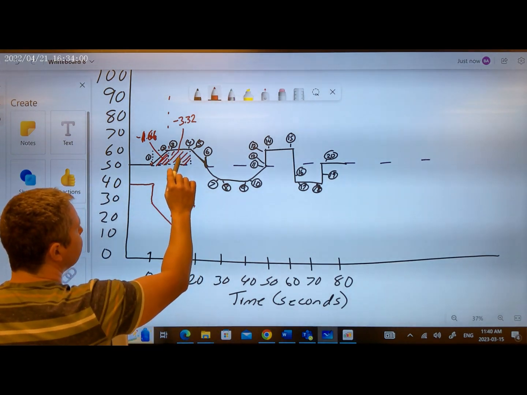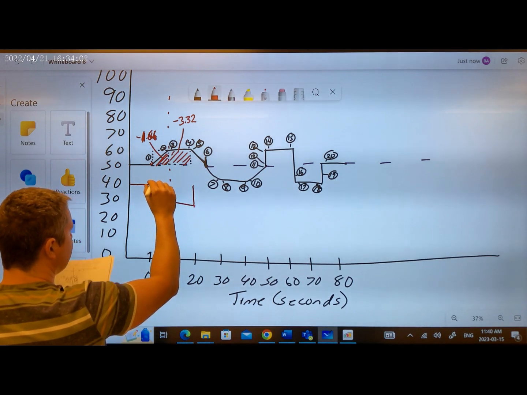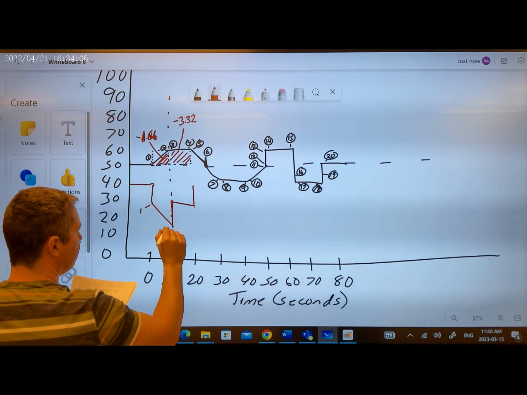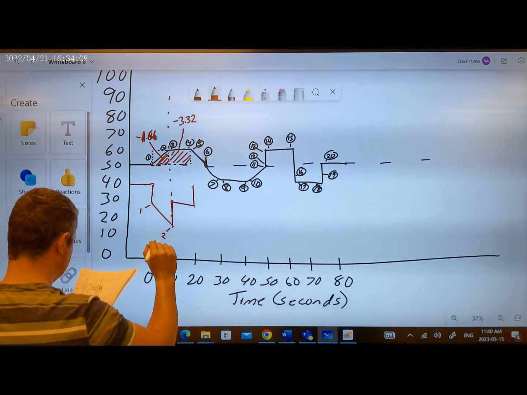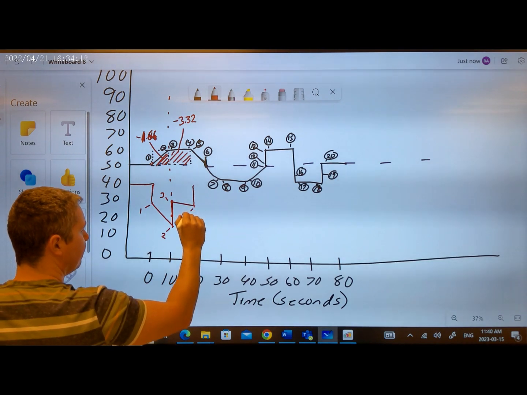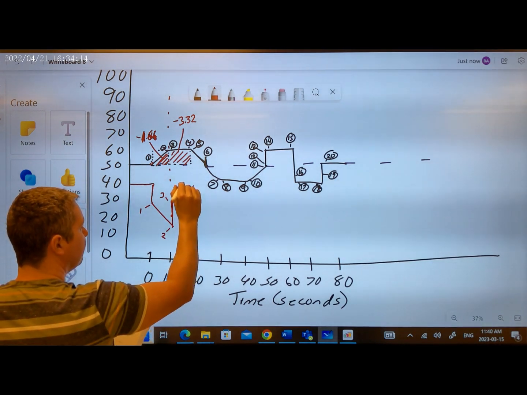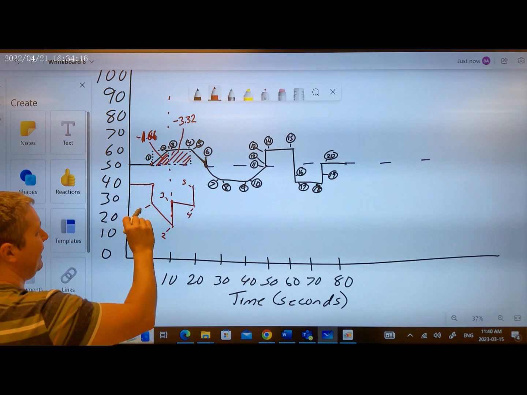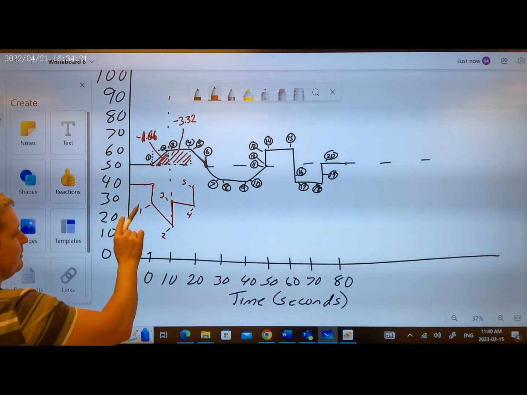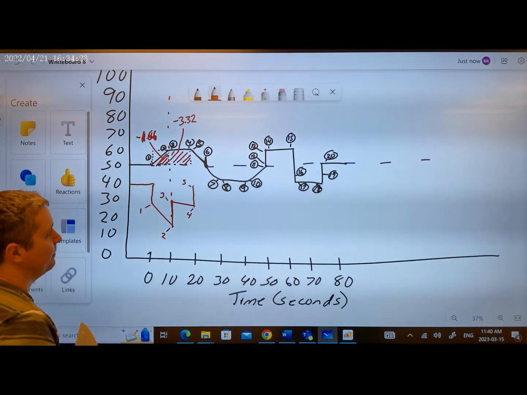So if we looked at it like this as well, that is 1, 2, 3, 4, and 5. You can match these up with these numbers there. You can match the positions up together.